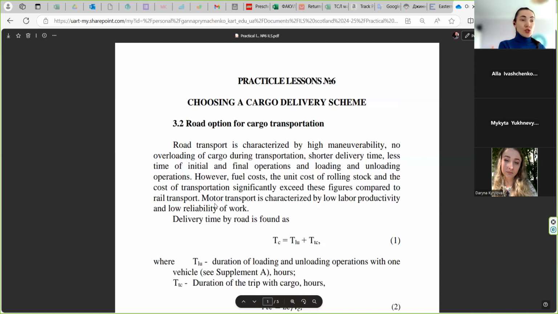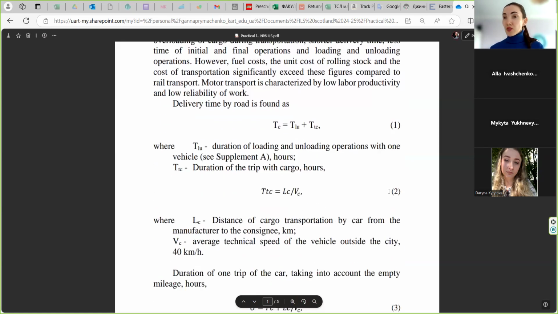Now we need to calculate time parameters for our road transport. Please note, it is not formula number one for our calculation today. The first formula is number two. You can write on your sheet or document the number of the formula and only your calculation.